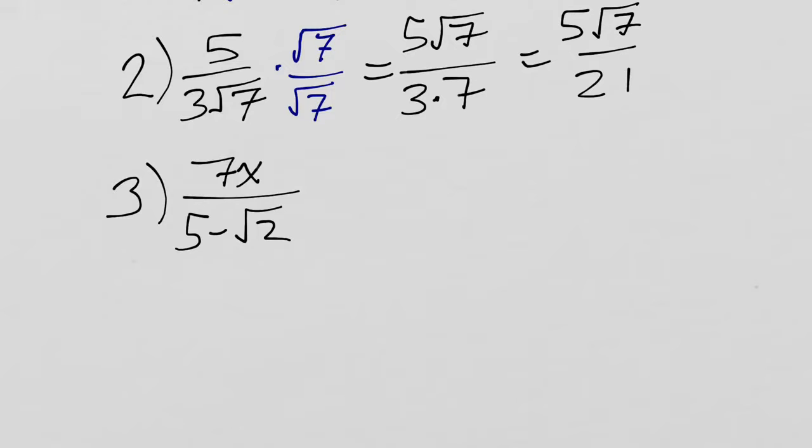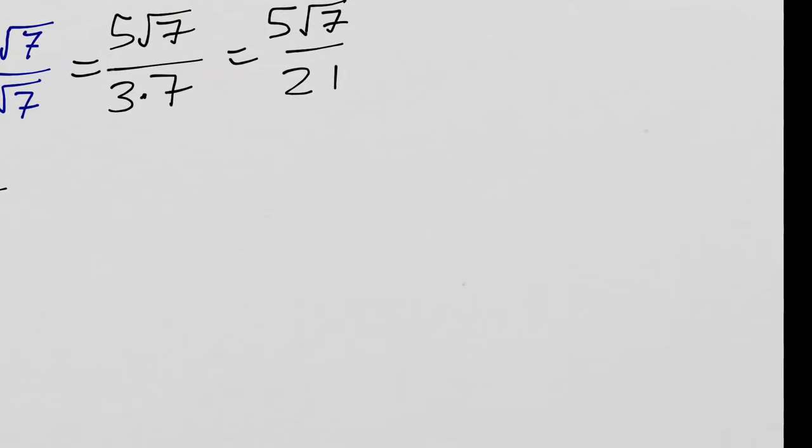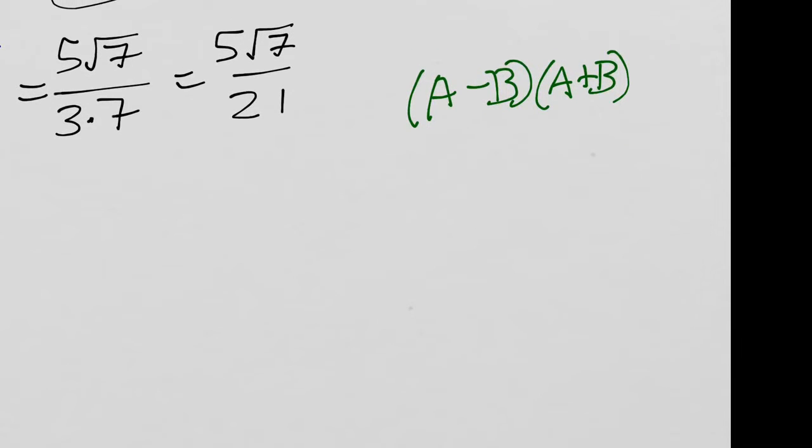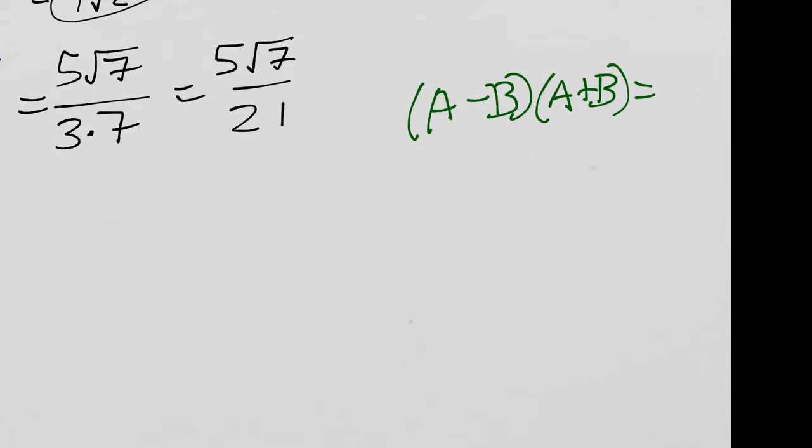Now, this one is a little bit curious, and in order to do this one, you're going to need to remember one of your special product formulas. Let's remember that if I have a minus b times a plus b, that's going to give me a squared minus b squared.